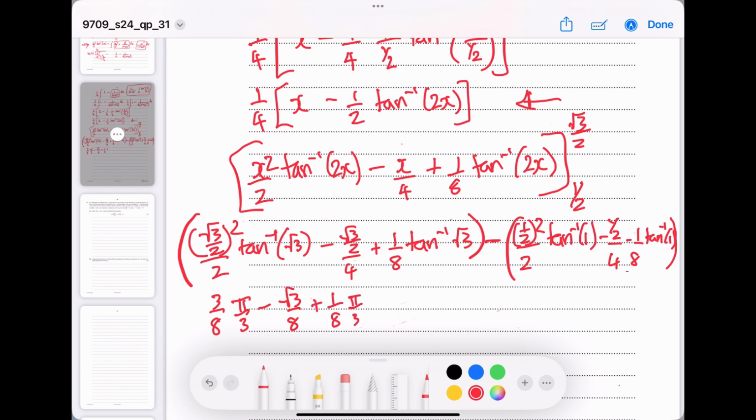Pi over 3. Take away 1/2 squared divided by 2 is 1/8. Tan to minus 1 of 1 is pi over 4, minus 1/2 divided by 4 is 1/8, minus 1/8, pi over 4.